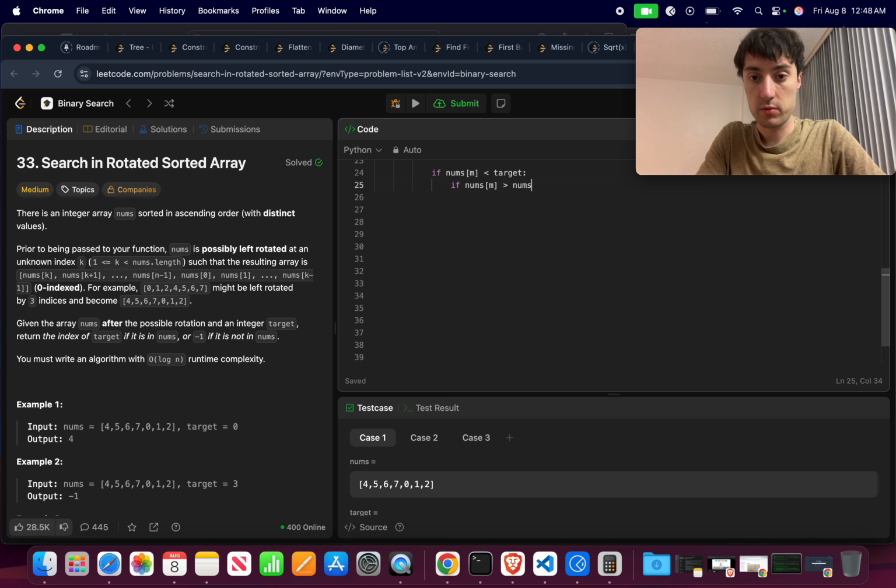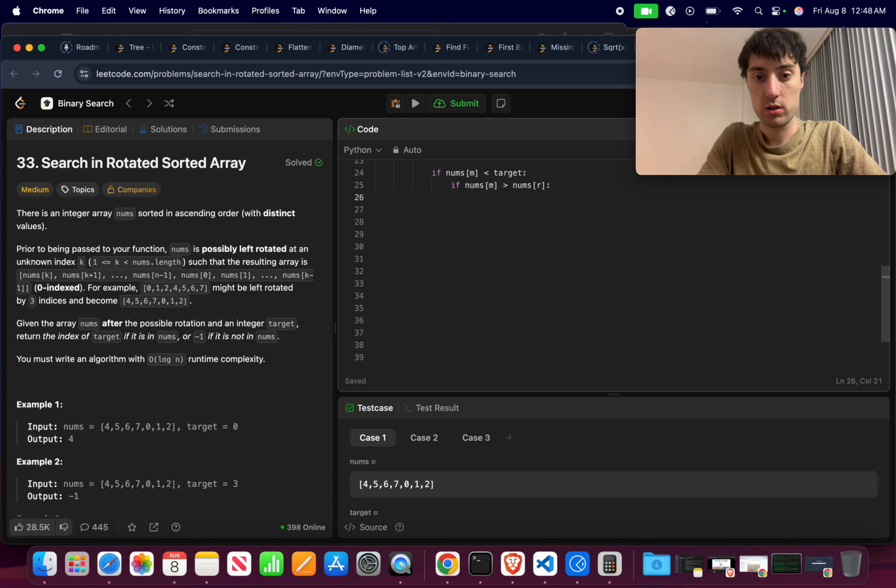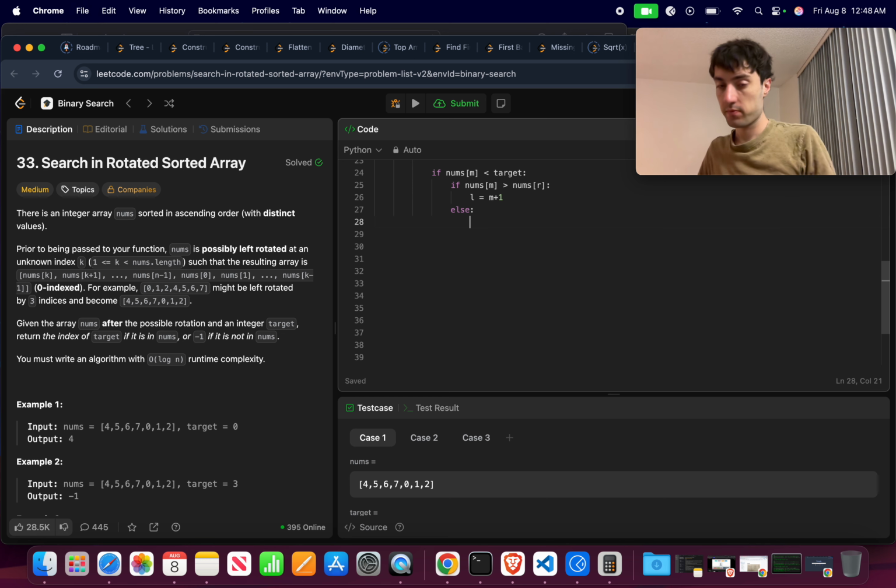greater than nums of right, this means that there is a pivot in that part, in the last part, I mean. So what do I want to do? I want to throw away all of the lower part. So left is going to equal mid plus 1. Else, the case that the pivot occurs in this region, right?